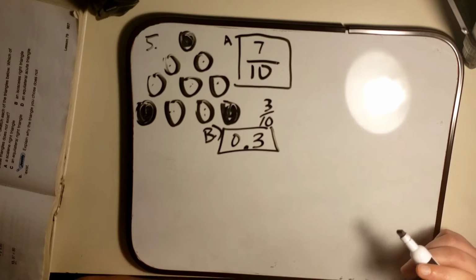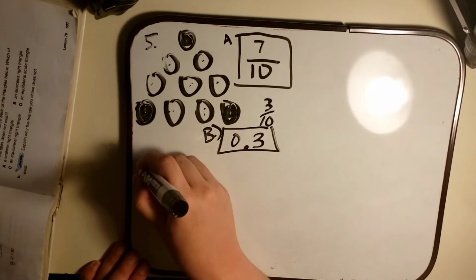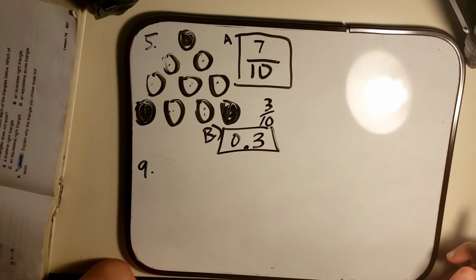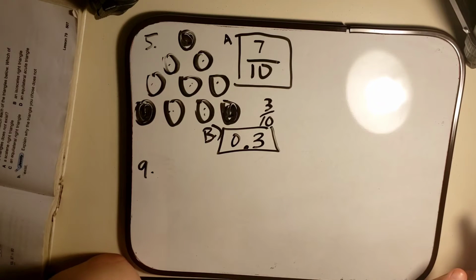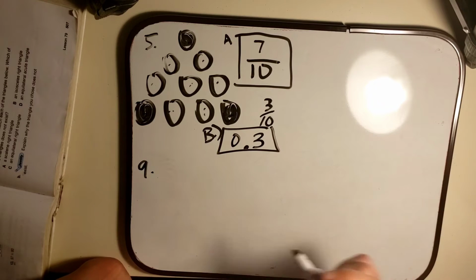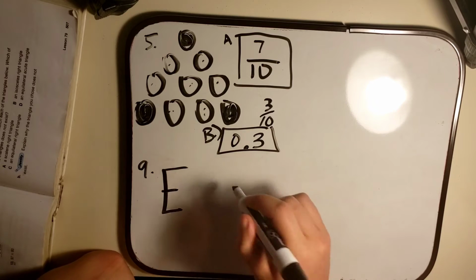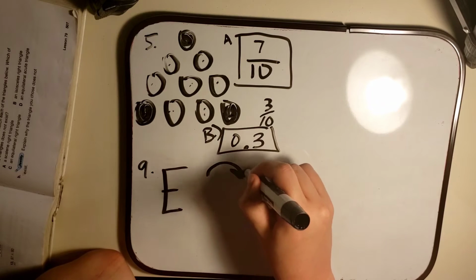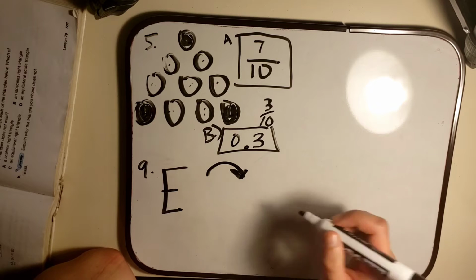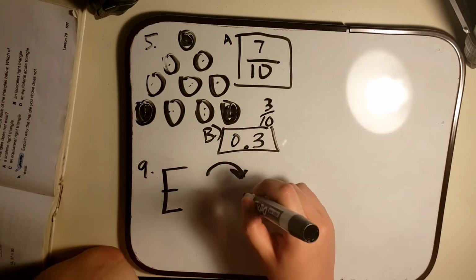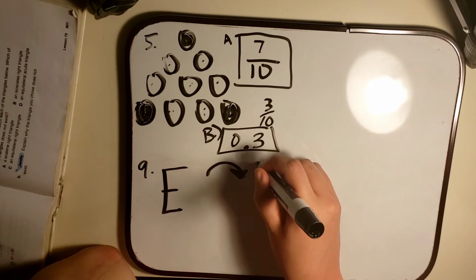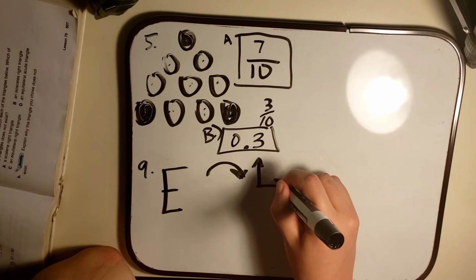Alright, next one is number 9, which says, you are doing it with me on a piece of paper. Draw the capital letter E rotated 90 degrees clockwise. So clockwise means we're going this way, and 90 degrees means we are just turning it from that way to that way.